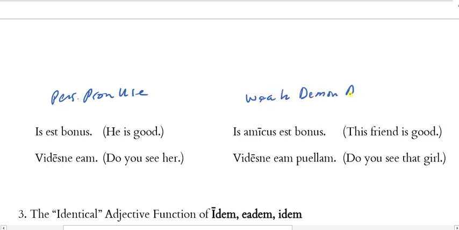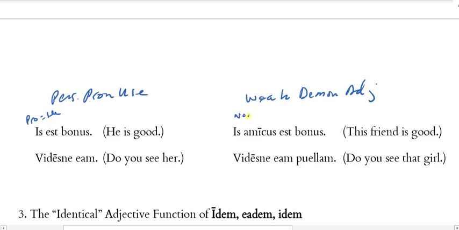Demonstrative adjective use. Okay, so here is a pronoun, and that means he. Is est bonus. He is good. All right, but look at the corresponding form. This is almost identical, but here I have is followed by the noun amicus. Is amicus.